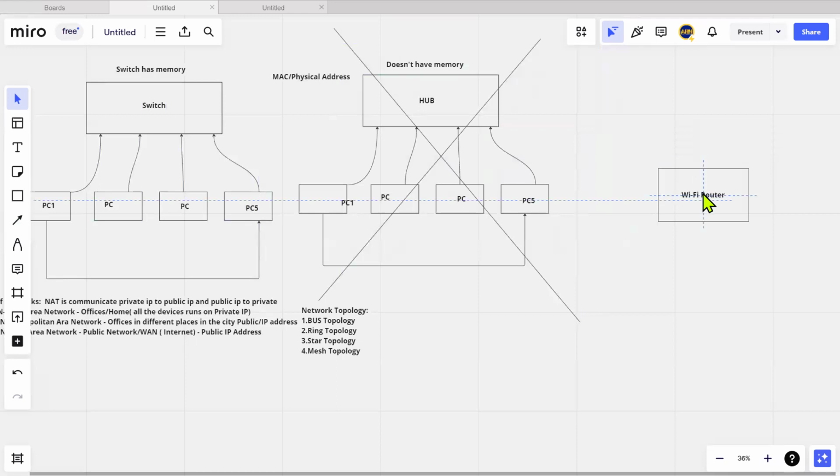Before getting into this, let's look at bus topology, ring topology, star topology, mesh topology.